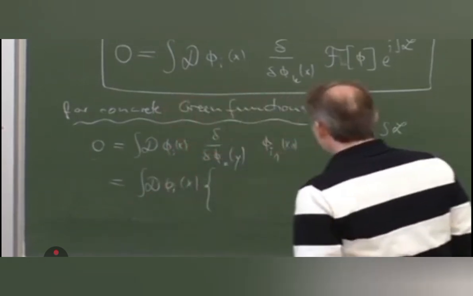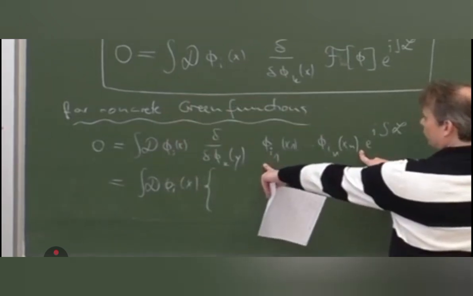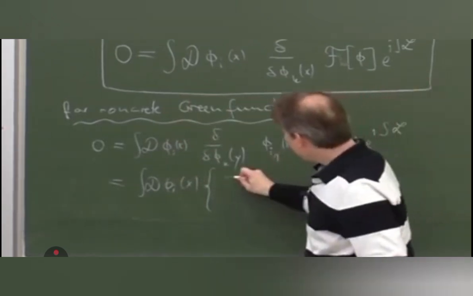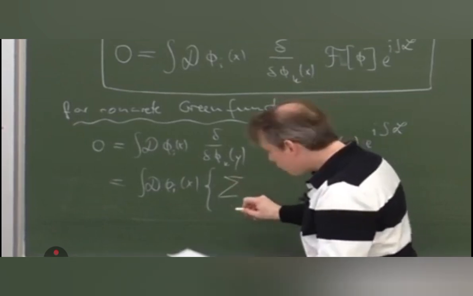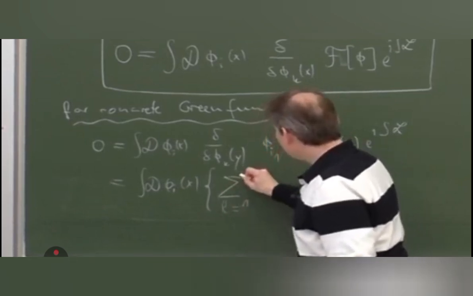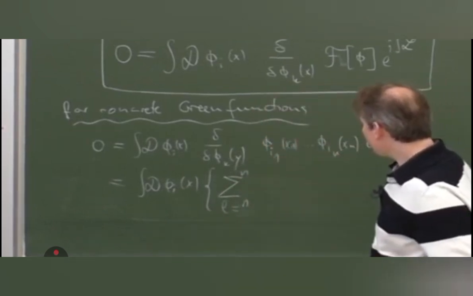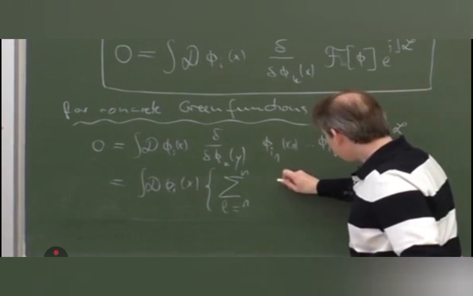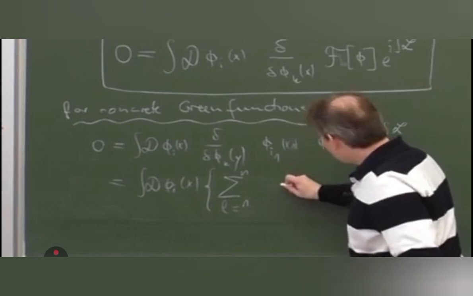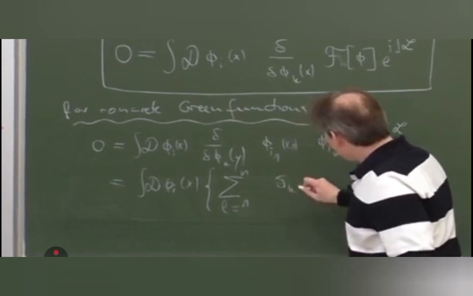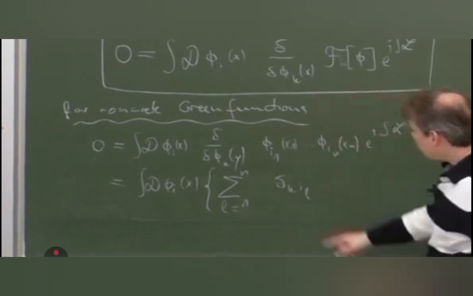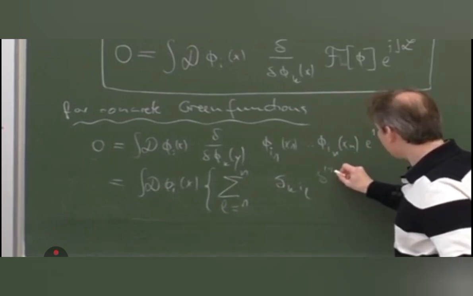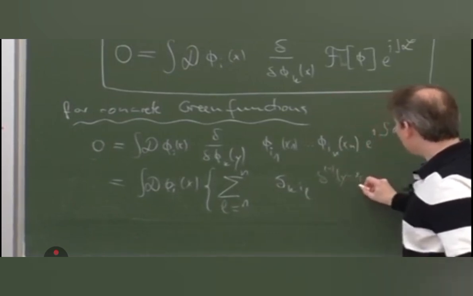So from the first term, we get a sum over all these different field operators, say a sum over L equal 1 to n, the number of those fields. And for any term, we get a Kronecker delta of the appropriate index times a delta function of the arguments y minus x_{i_L}.